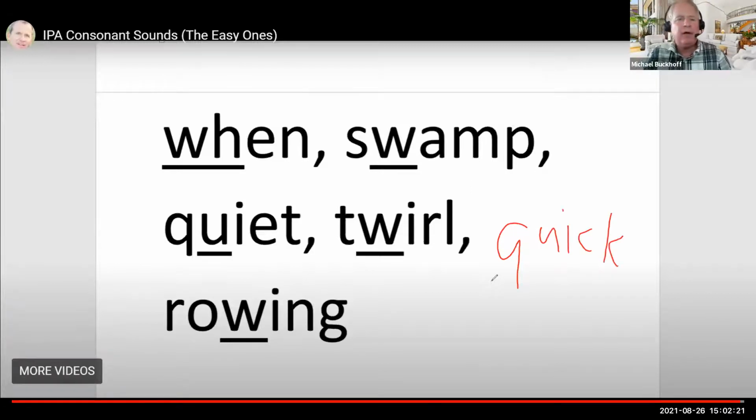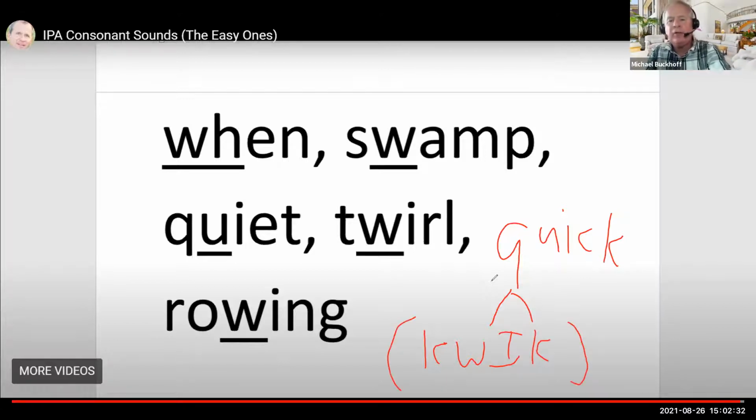Do you guys get the KW here? If I transcribe it, it would look something like this, quick. So the QU can be represented as a K and a W.